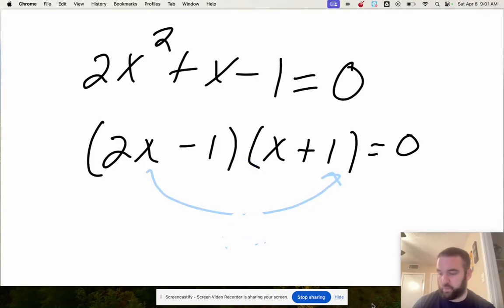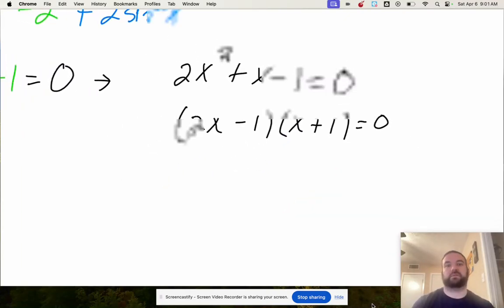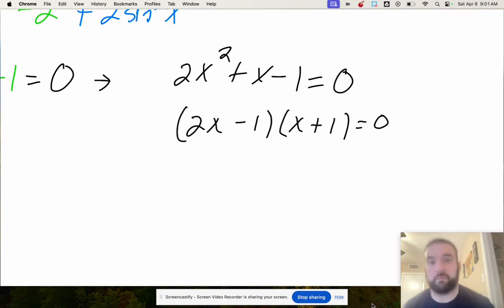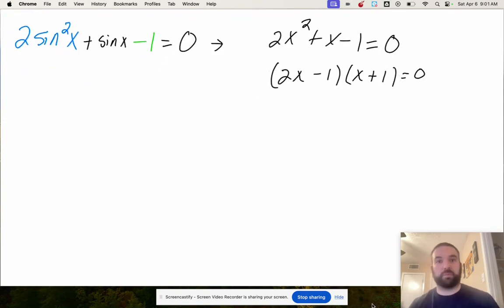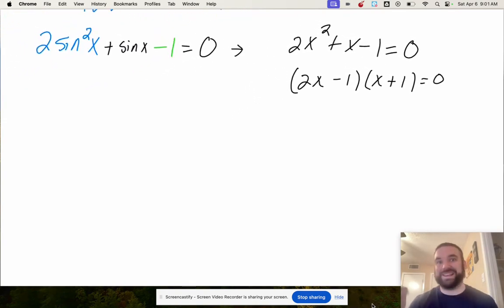If you need more time to process the factoring piece, certainly take that time. I know some people learn factoring different ways. I used to teach it a different way; factoring by grouping is a method that a lot of people use, or the AC method, whatever you need to do.